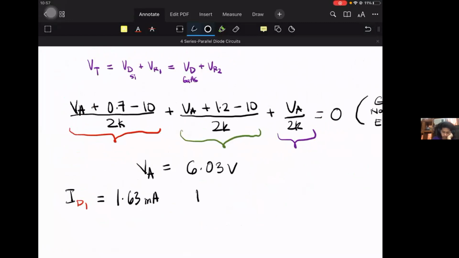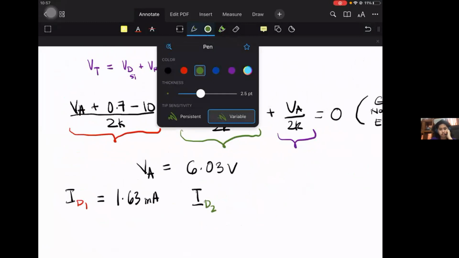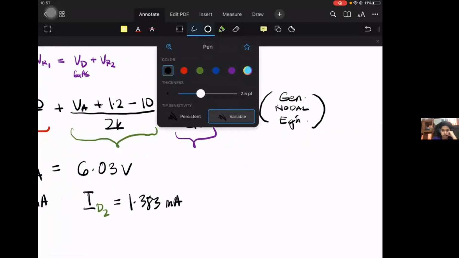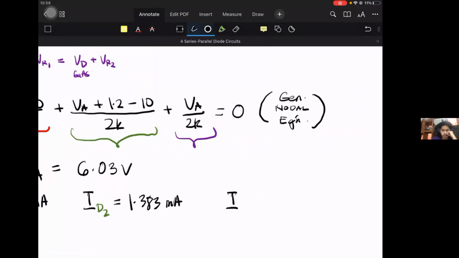So for ID2, 1.38. For the load, VA is 6.03 divided by 2,000. 6.03 divided by 2,000 is 3.02.